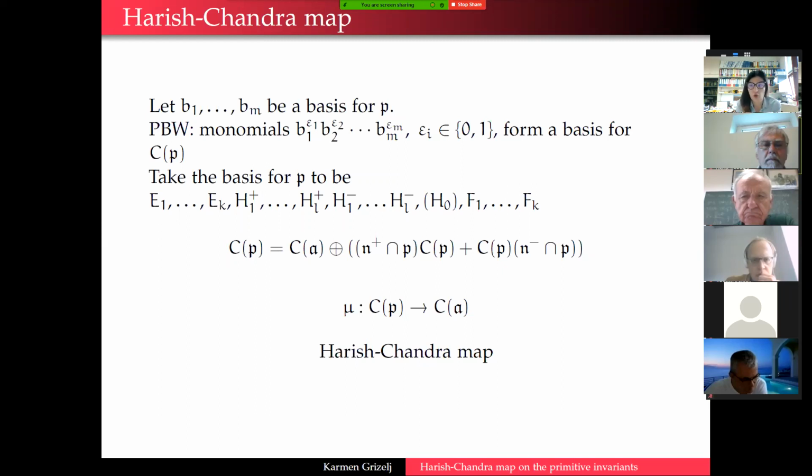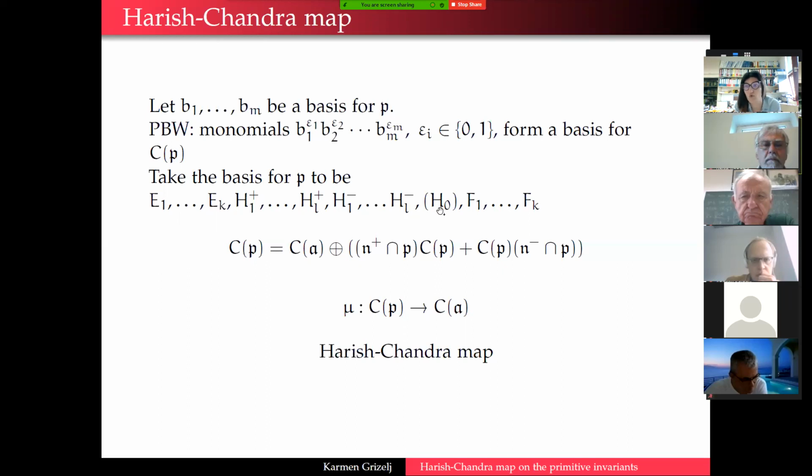So now we can take the basis for P to be, let me remind you, these positive weight vectors, these negative weight vectors, and these guys here are from A.